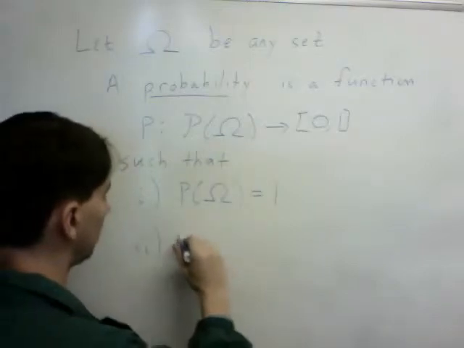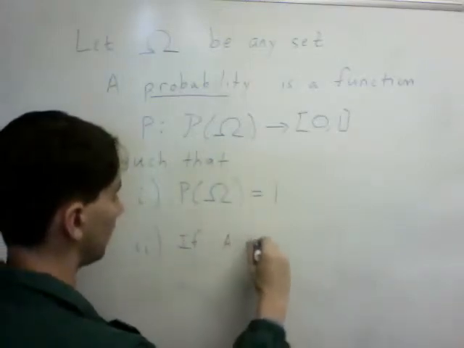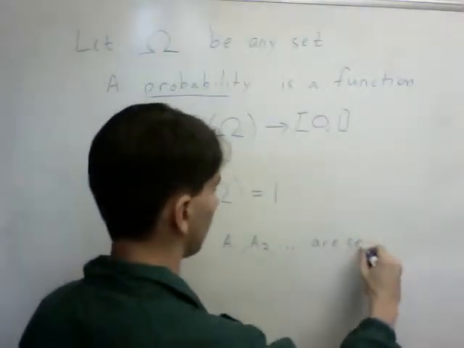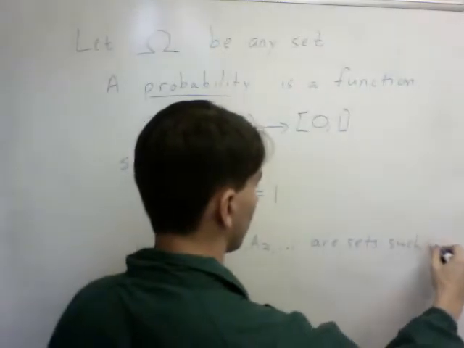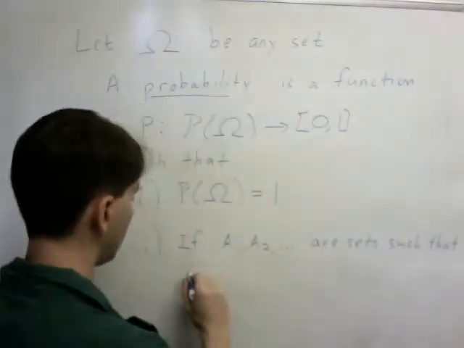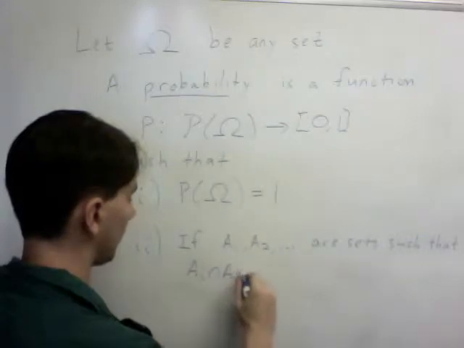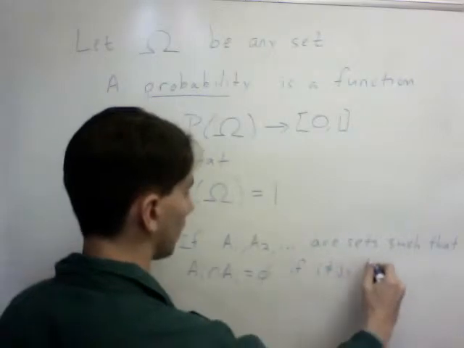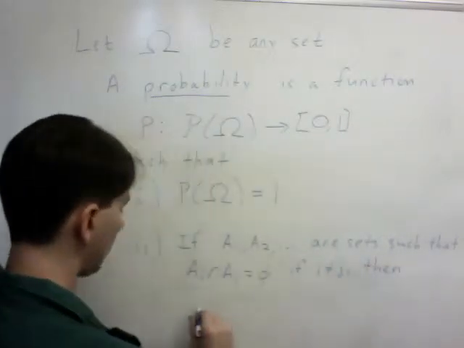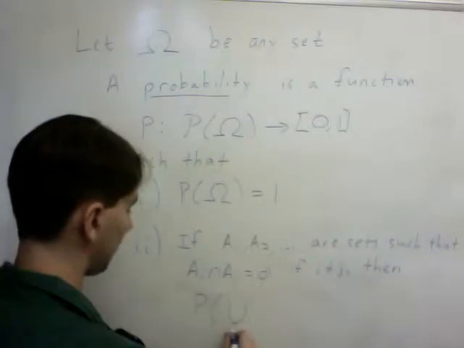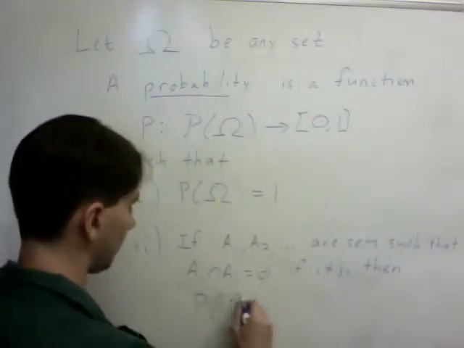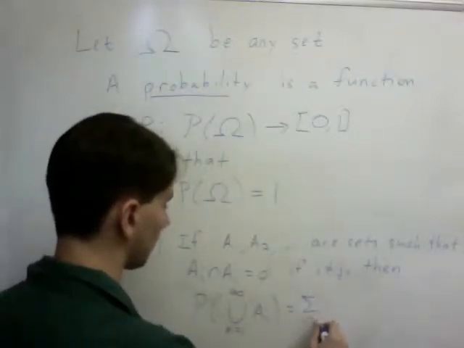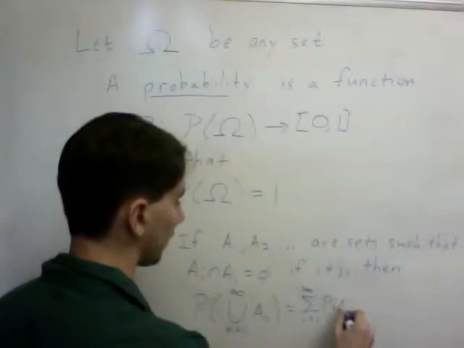And 2, if A1, A2, and so on are sets such that A sub i intersect A sub j equals the empty set if i does not equal j, then the probability of the union from i equals 1 to infinity of A sub i is the sum from i equals 1 to infinity of the probabilities of the A sub i.